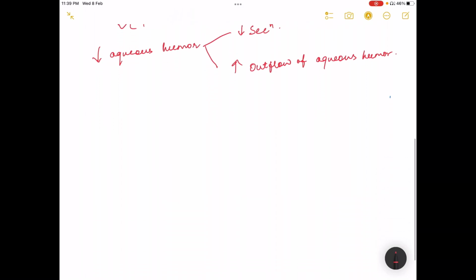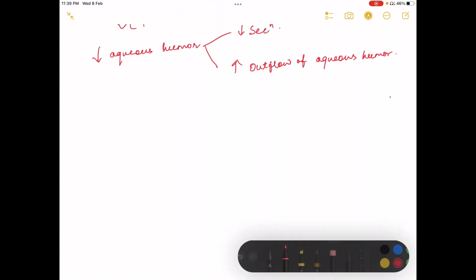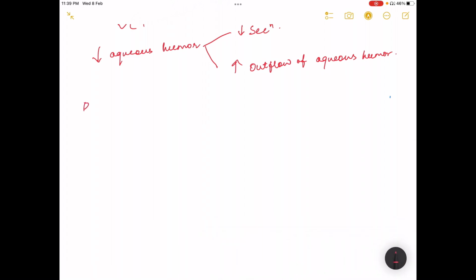So the blood vessels in the ciliary body are under the control of two kinds of receptors: alpha 1 receptors and beta 2 receptors. We all know that alpha receptors cause vasoconstriction.